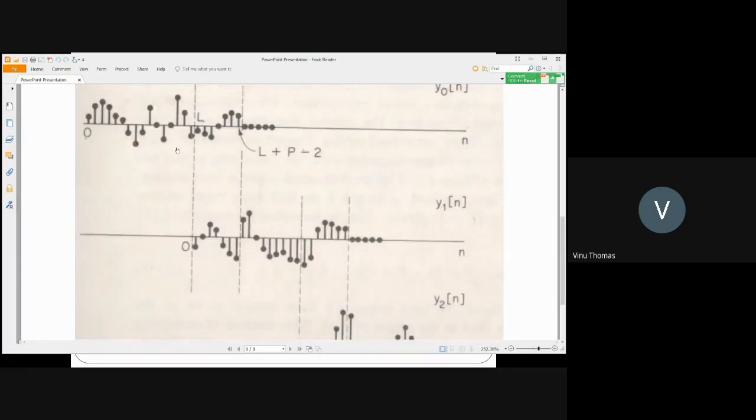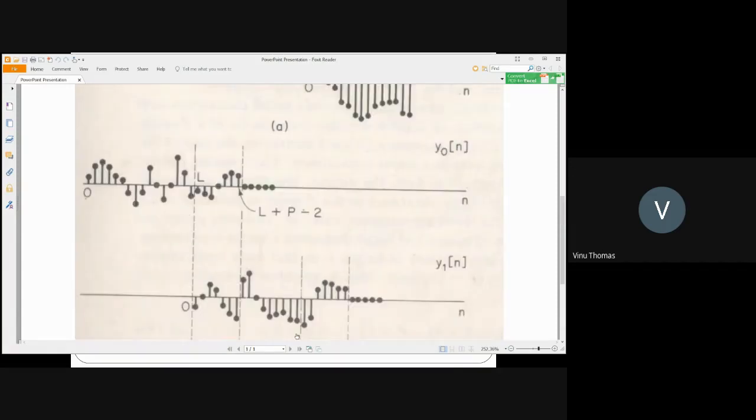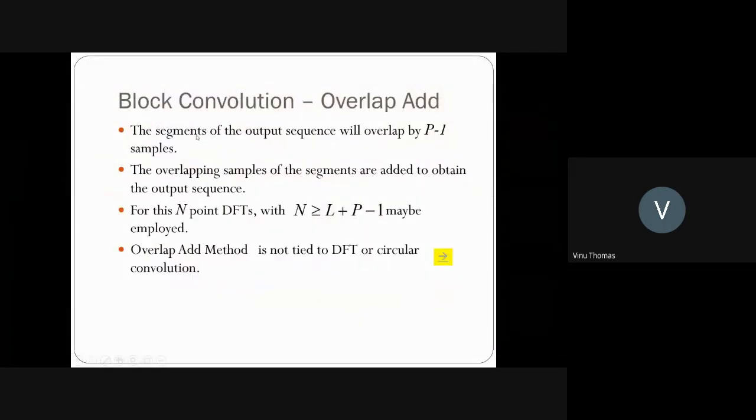So you have to add all these together. If you take the sequence, add these two sections, and continue, then you will get the output sequence y of n. So the segments of the output sequence will overlap by P minus 1 samples, and the overlapping samples of the segments are added to obtain the output sequence.